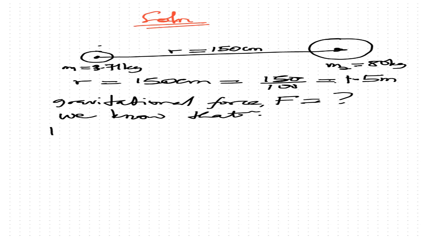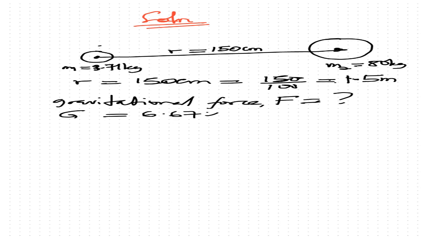And mind you, the question gave us G. So let's put it down before we even quote our formula. You list down all the necessary information before you start working. You know that G is what?